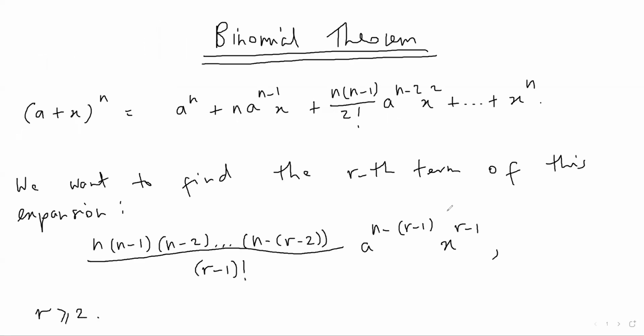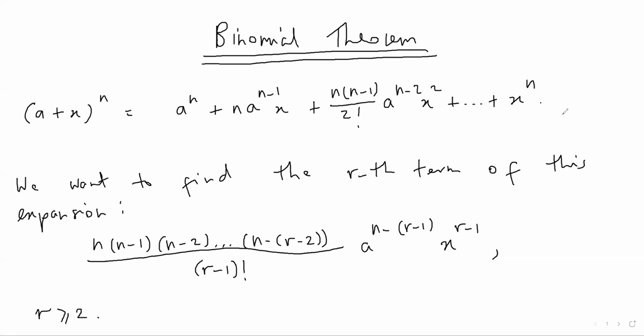If you go to the formula for the expansion, a plus x to the n is equal to a to the n, and so forth, how many terms does the formula have? If n is your power, a plus x to the power n, how many terms are you going to have in your expansion in general?